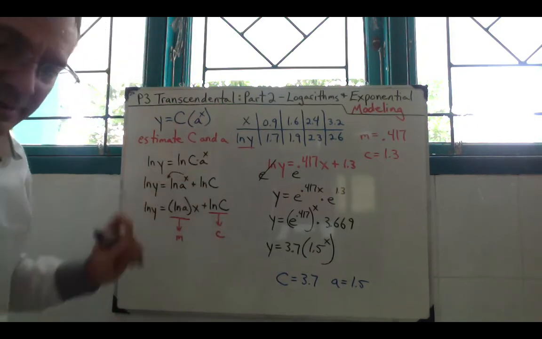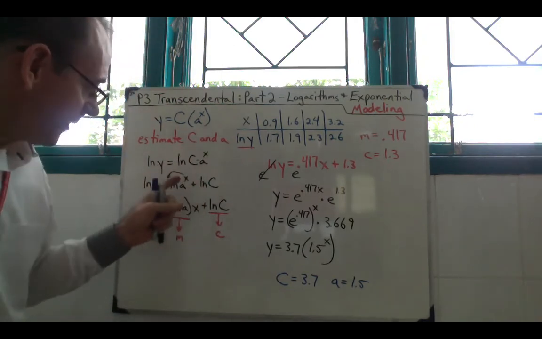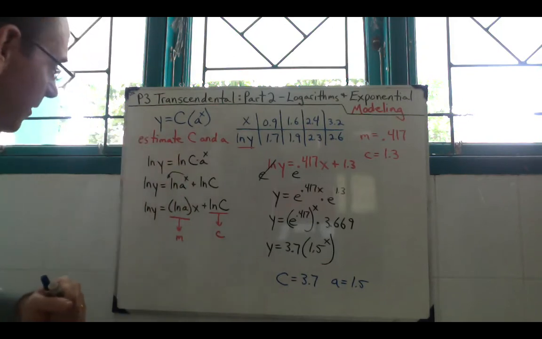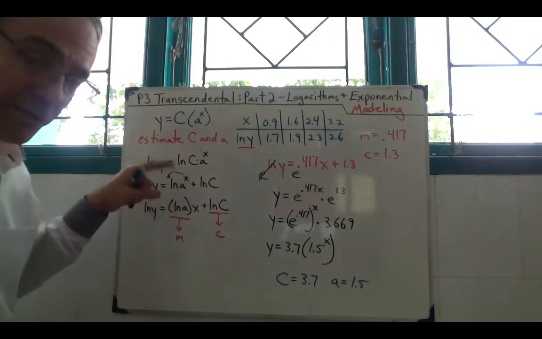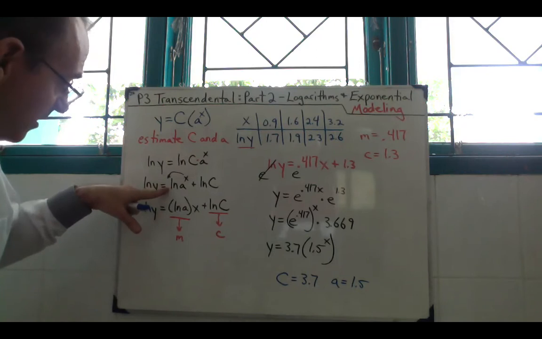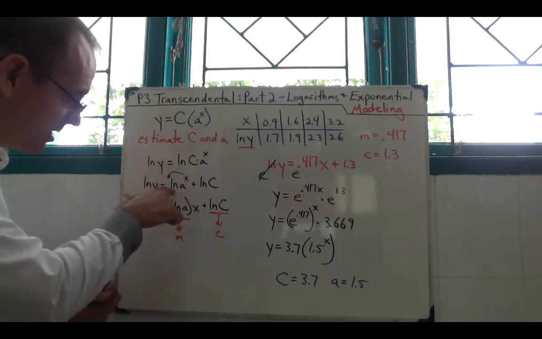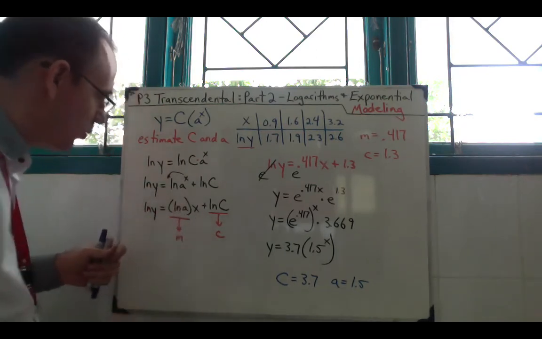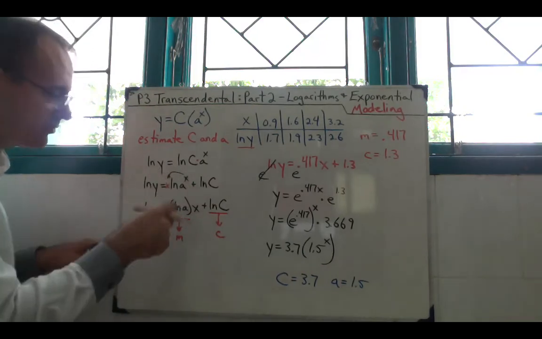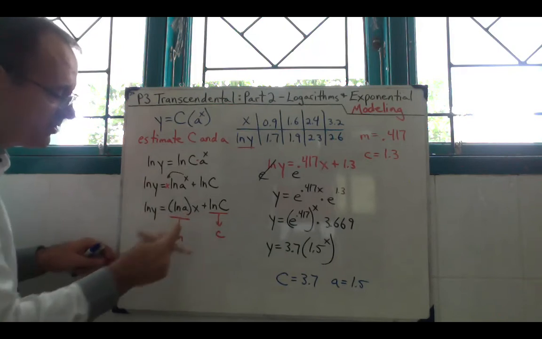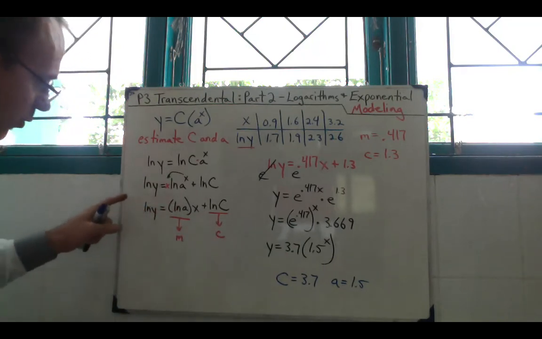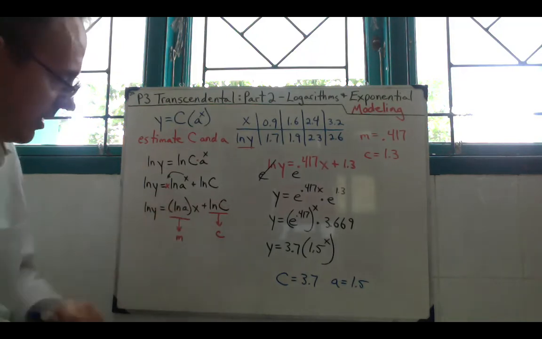This is your expanding, this is your law of logarithms number 1 that we talked about in part 1. And then your law 3 takes this exponent and moves it to the front, which I rearranged because ln A is actually now the coefficient. So this x moves to the front. It's now a product, so I just switched it around.